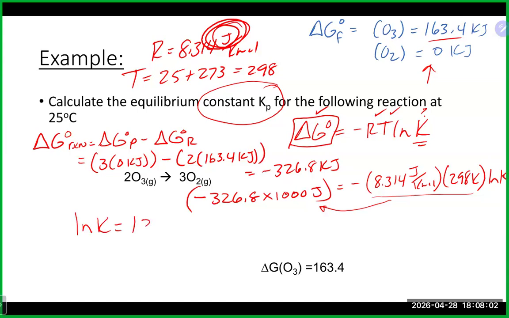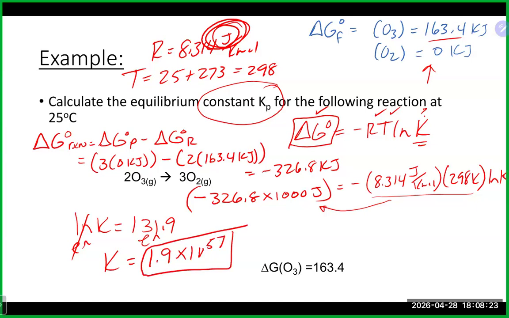Natural log of K equals 131.9 in this case. At this point, we're going to exponentiate both sides, raising e to each, to get rid of the natural log. And that will give us a K that is equal to 1.9 times 10 to the 57 in this case. Any questions on that?